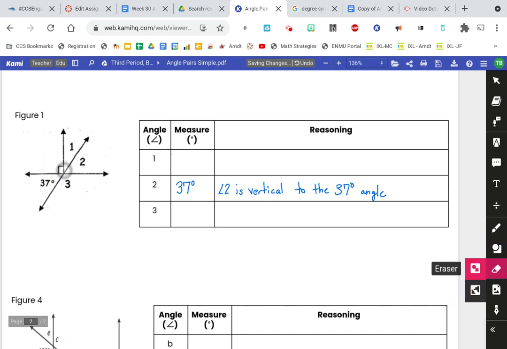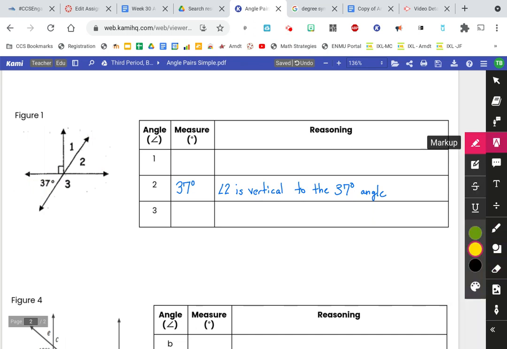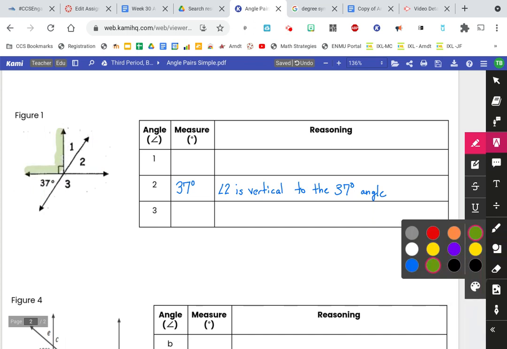So let me find another angle. Now, let me grab a highlighter and color this for you. I notice that this angle right here is a 90-degree angle.